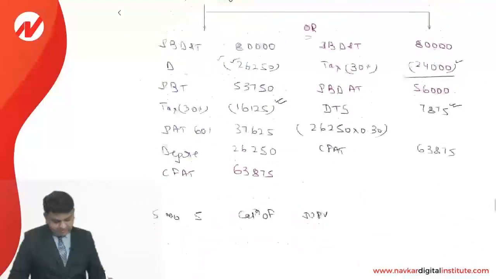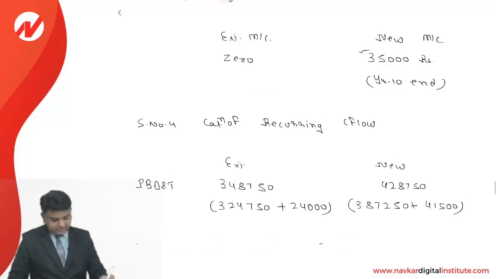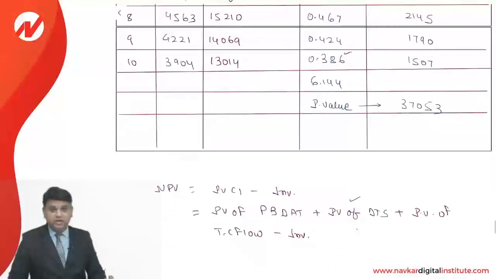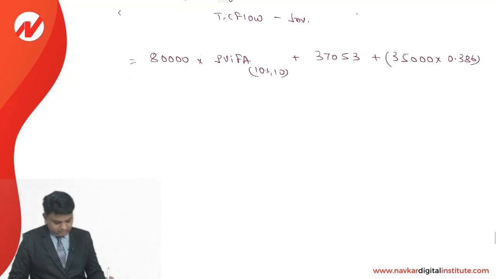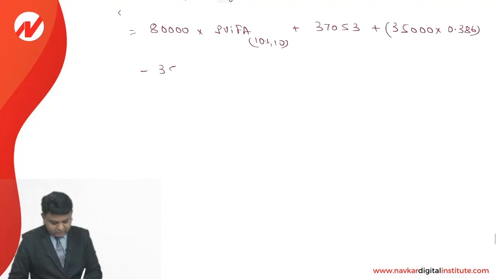We know that the terminal cash flow is rupees 35,000, that is 35,000 minus 0, 35,000 into 0.386, minus the amount of investment 3,50,000. This is the way we are required to answer.